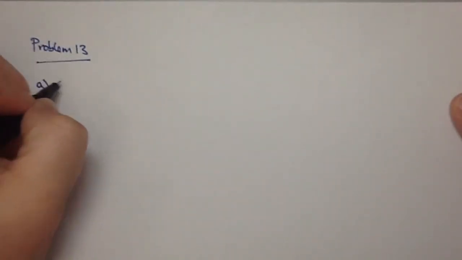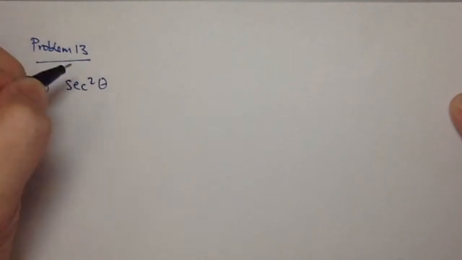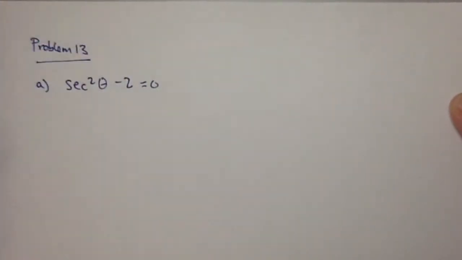We are arriving at problem 13, which says to find all solutions as well as the solutions on the interval from 0 to 2 pi. So A says we have secant squared theta minus 2 equals 0.